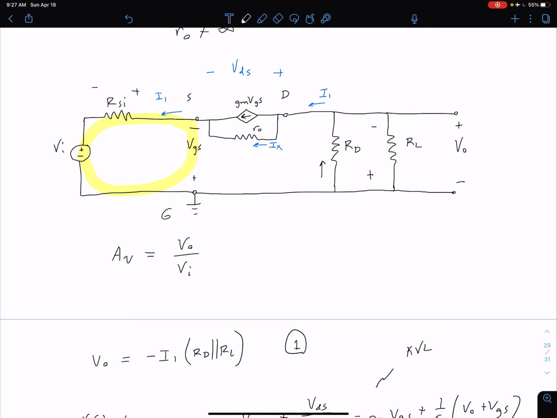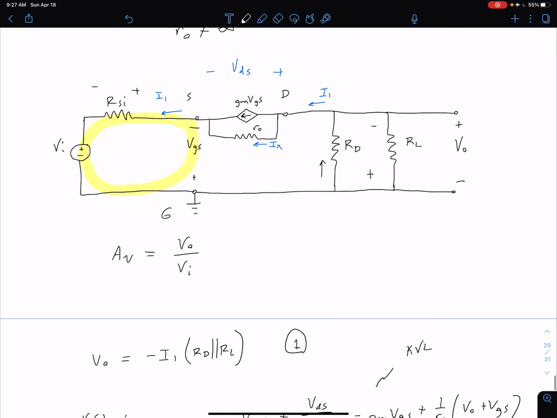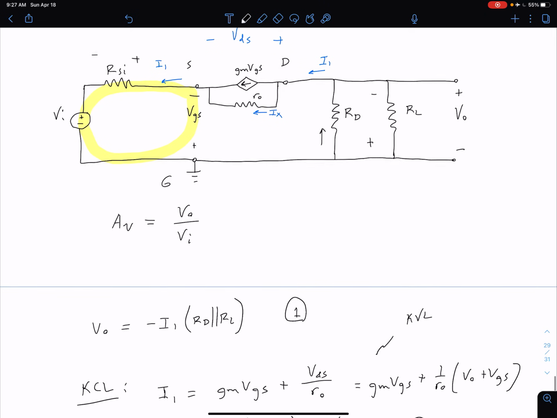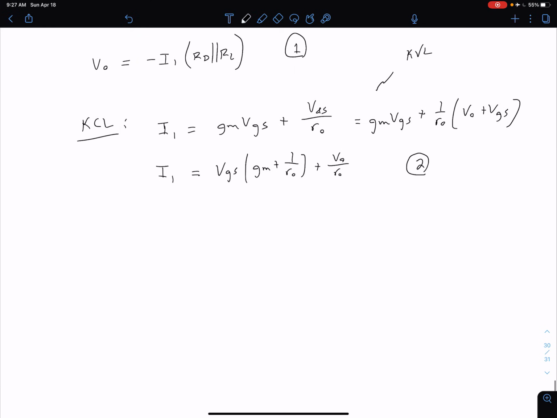So if we write it in terms of VGS, we can say VGS is equal to negative VI minus that voltage across RSI. Again, we have that full current I1 flowing through that resistor. So from KVL and Ohm's law on our input side, we have VGS is equal to negative VI minus RSI times I1.